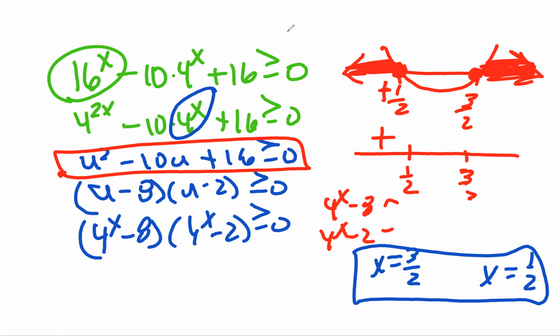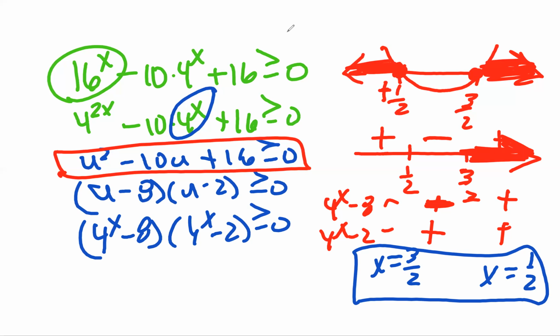If I put in 1, 4 to the first is 4 minus 8, which is negative. And this is 4 to the x, which is 4 minus 2, which is positive. So this section is negative. If I choose 2, 16 minus 8 is positive, positive, positive. So I get the same answer.